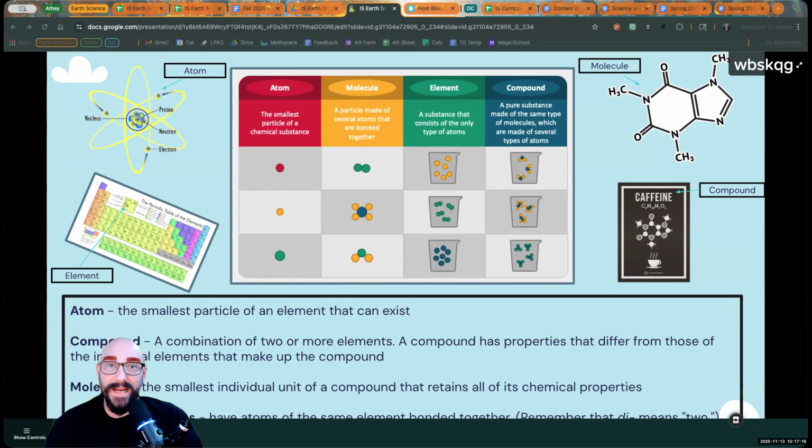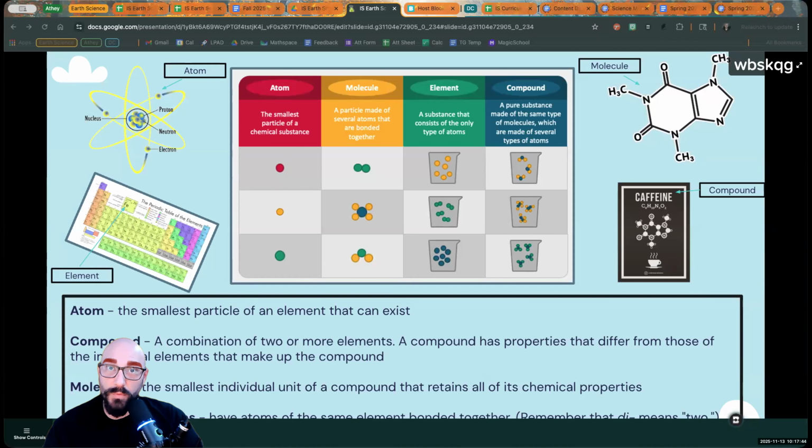An atom is the smallest part of an element that exists and has all the properties of that element. So any subatomic particles don't have the properties of the element. They have to be together in an atom.